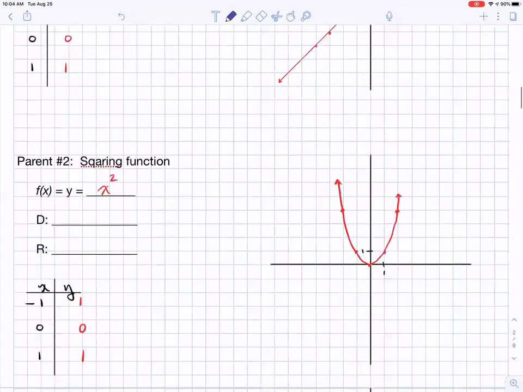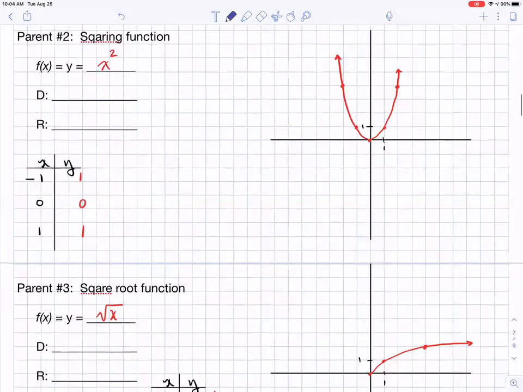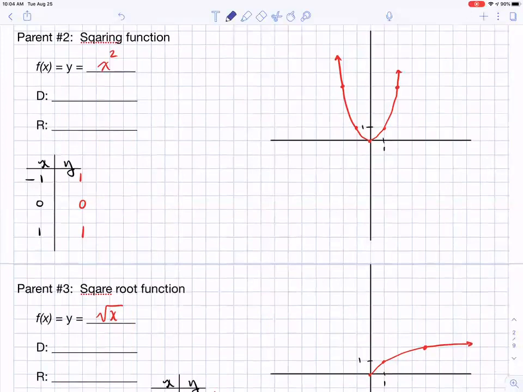All right, squaring function. Okay, domain left to right. Now, one of the things to remember about a parabola, folks, which is what this is, okay, is that in this parabola, yes, it always goes up forever and ever and ever. But what about the right and the left? What's happening right and left? Not only is it going up forever and ever, but what else is it doing, Jada? Yeah, it's getting wider and wider and wider.